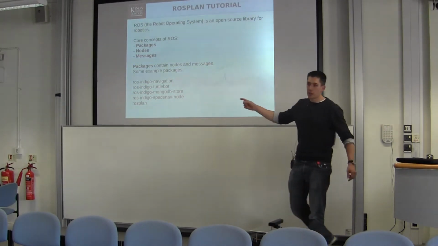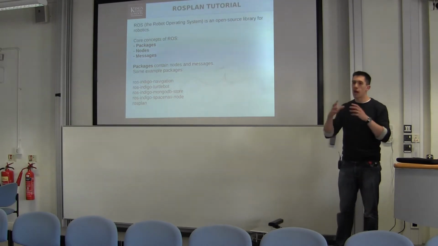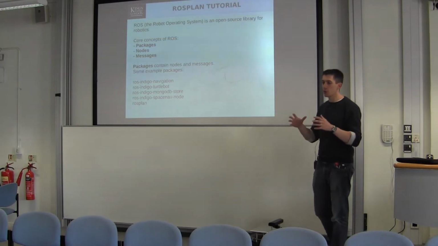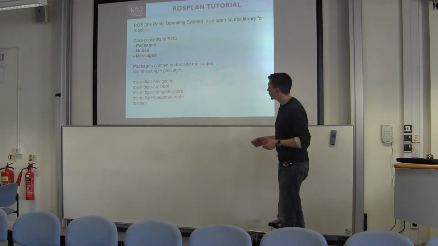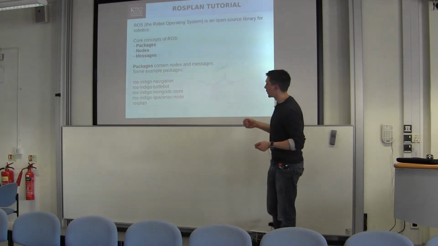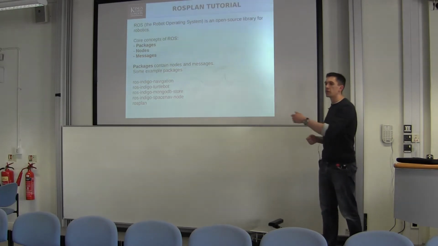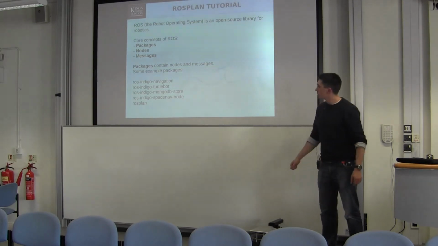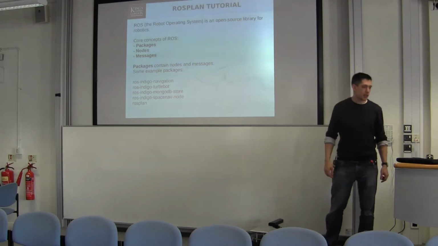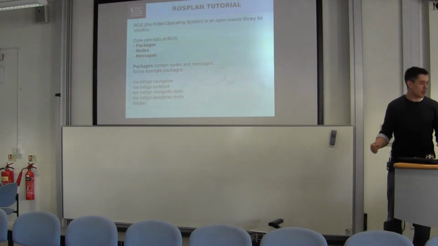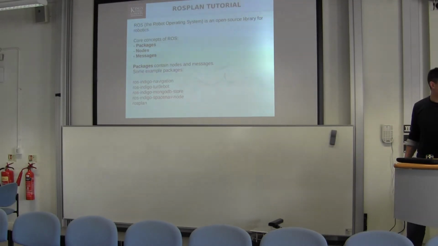MongoDB store is just a ROS wrapper for the Mongo database. It's a database wrapped into a single ROS node, and you can store messages into it, which is really useful. And then at the bottom there is ROSPlan, which in the second set of slides we'll cover in a great amount of detail.